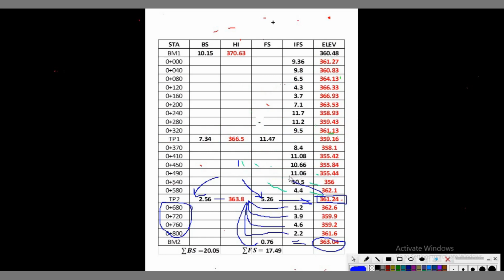How do I double check if my elevations are correct? Parang din lang dun sa may differential leveling for the arithmetic checking.